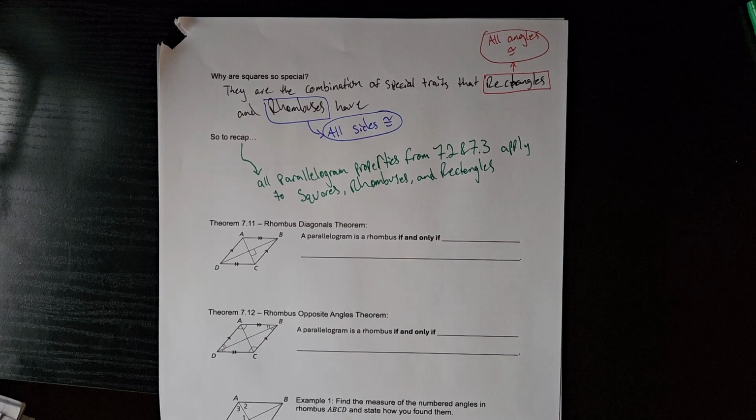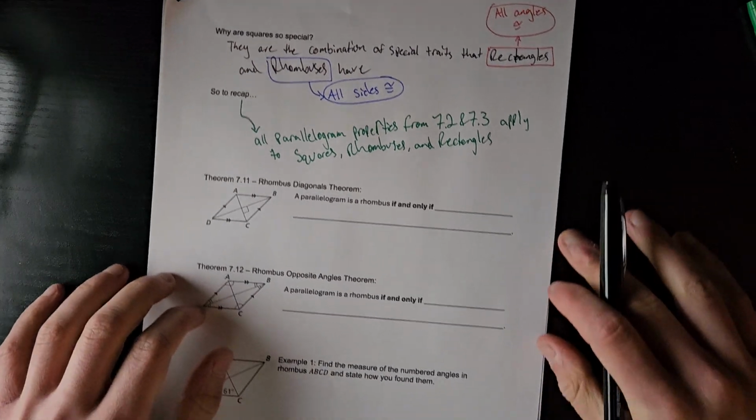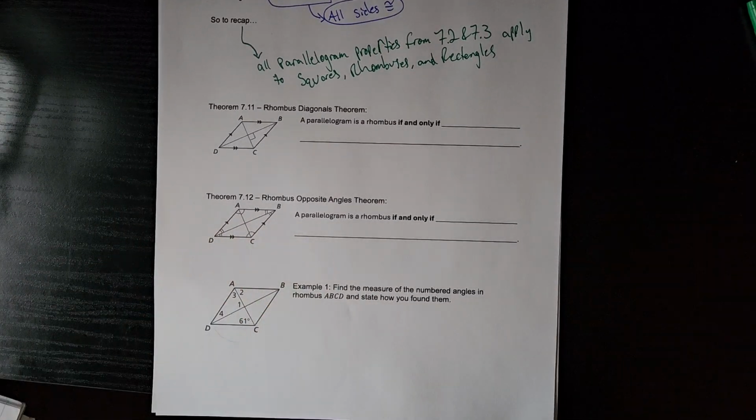So, we know a lot about rectangles already, but we don't know too much about rhombuses. So that's what the next few theorems go with. They're rhombus theorems, one being with its diagonal, one being with angles.